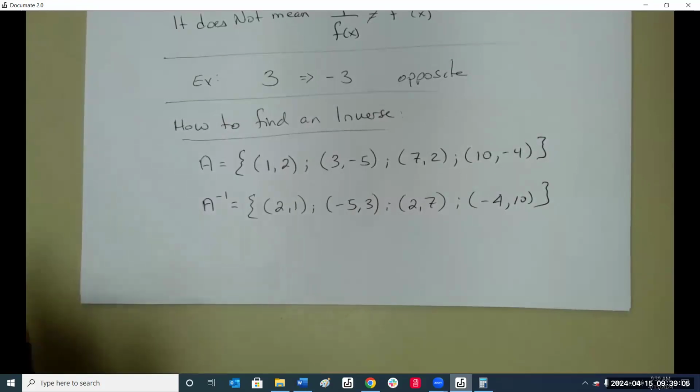You have to have the same number of elements, but what do we notice about it?